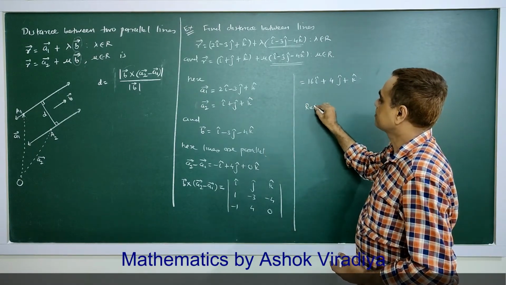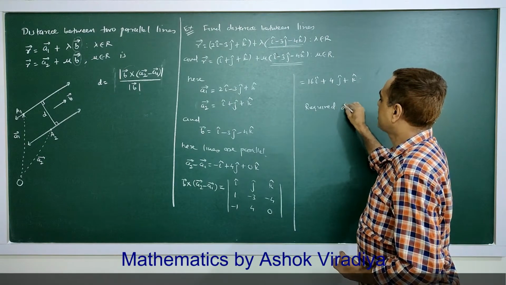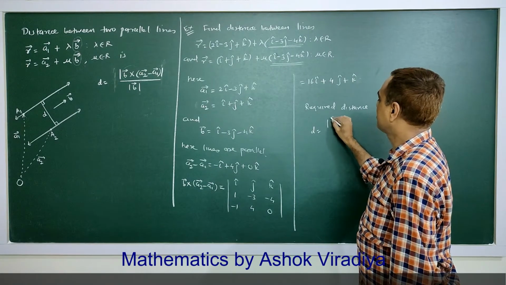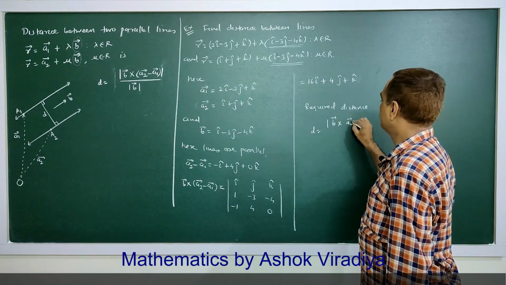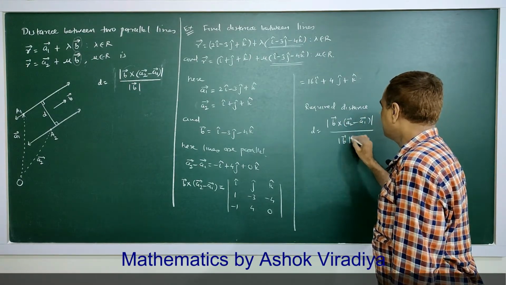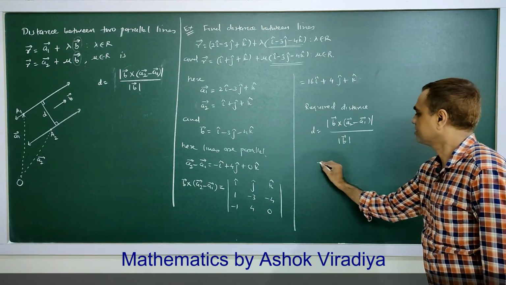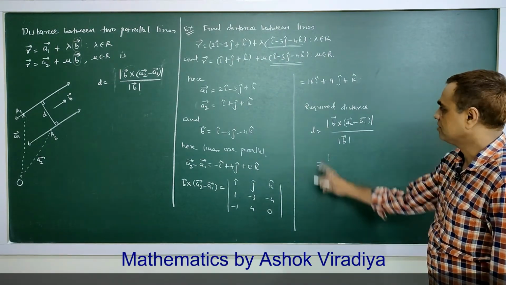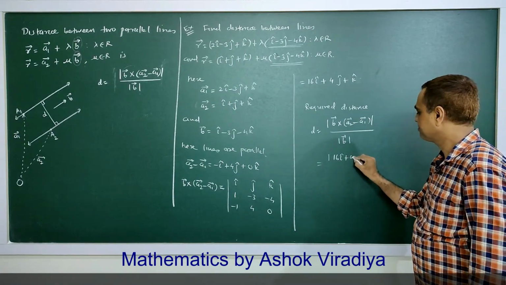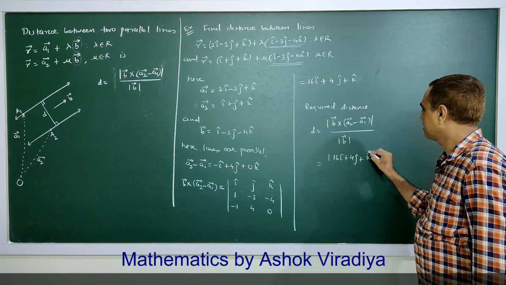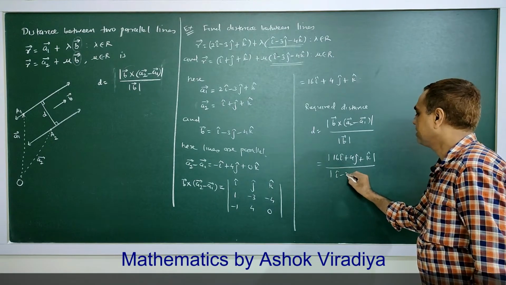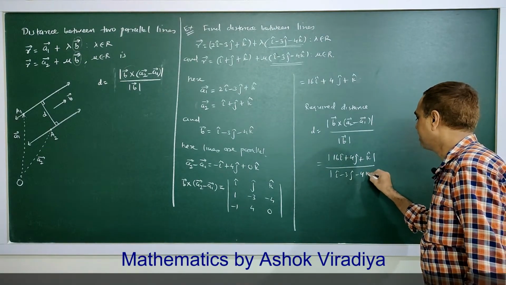So the required distance D is equal to, the formula is magnitude of vector B cross A2 minus A1 upon magnitude of vector B. That is, the magnitude of this vector 16i plus 4j plus k upon the magnitude of vector B. Vector B is i minus 3j minus 4k.